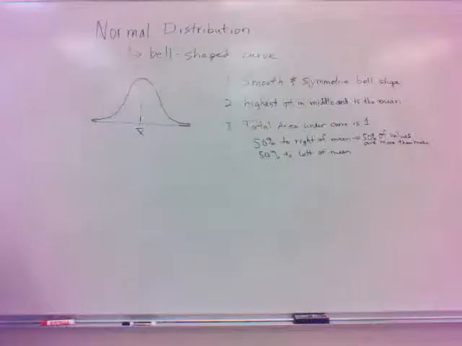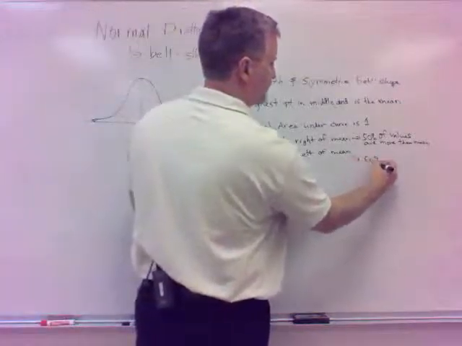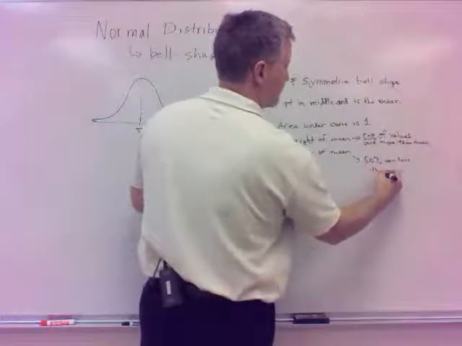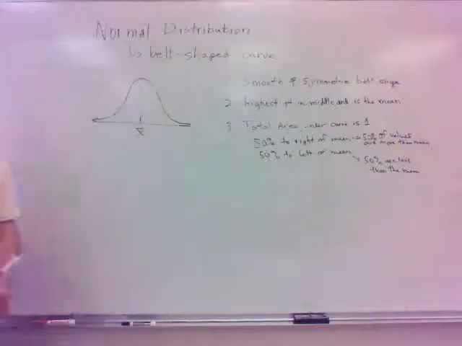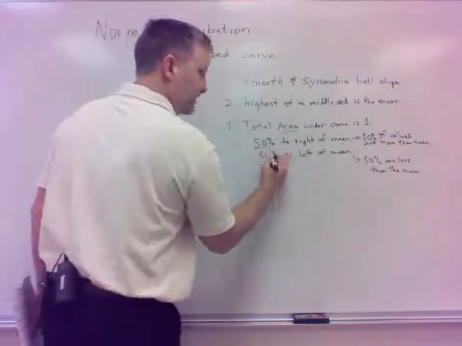50% of the values are more than the mean, and then of course this would mean 50% of the values are less than the mean. Okay? So make that connection between area and percent.